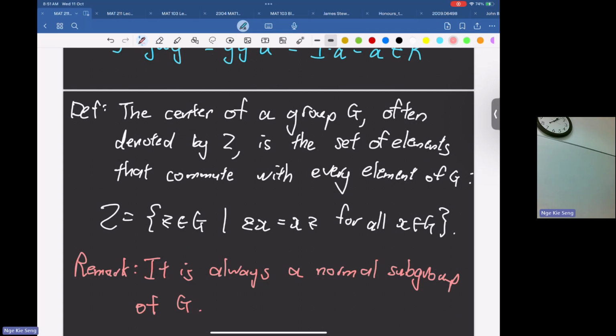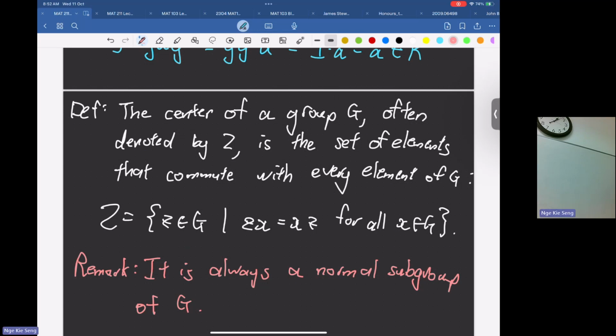First of all, you said that the center of a group is a subgroup. Well, I haven't proved that yet, right? I just said it's a set of elements. So why is this a subgroup? To show that the center is a subgroup, what do you need to show?